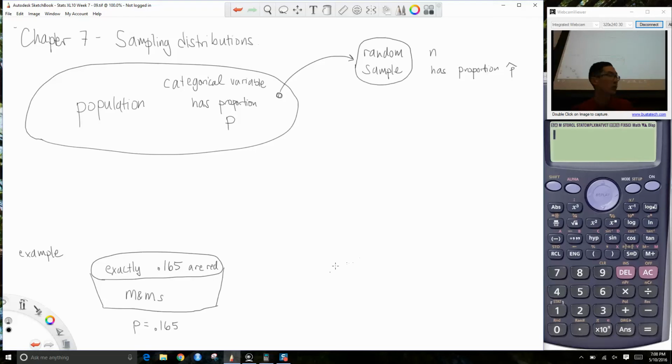Okay, so for example, this is a big tub of M&Ms. I'm going to kind of mix it up, and I'll take a scoop of M&Ms out, okay? So I take a scoop out. Maybe in this scoop, I take n equal to 200 pieces of candy.